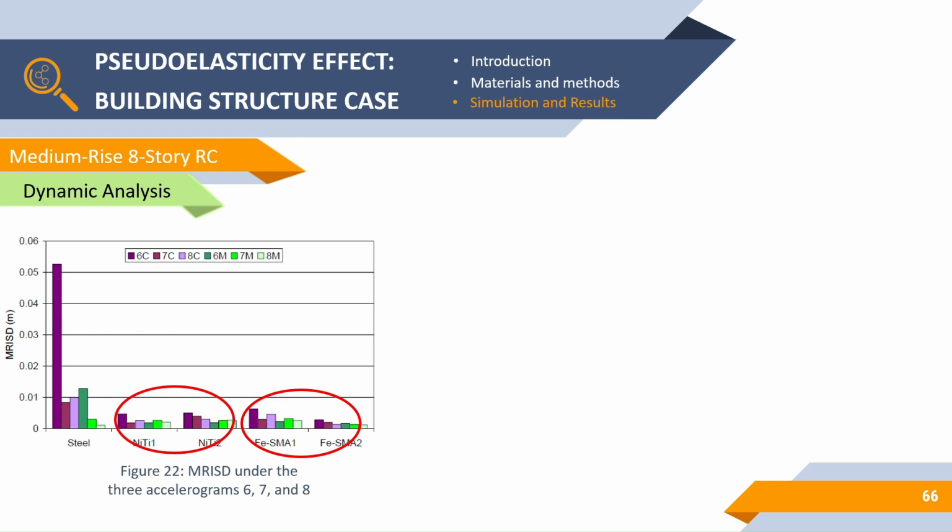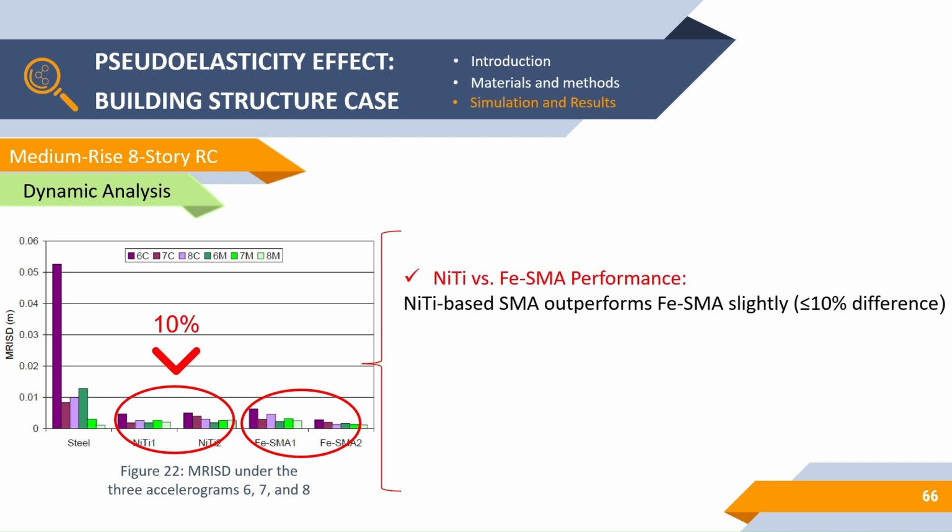Now, comparing the nickel titanium shape memory alloy and ferrous-based shape memory alloy, we can say that nickel titanium based shape memory alloy shows slightly better performance, with differences not exceeding 10%.